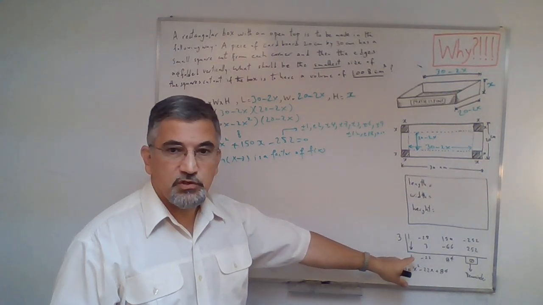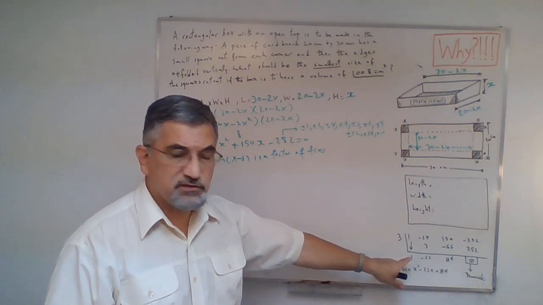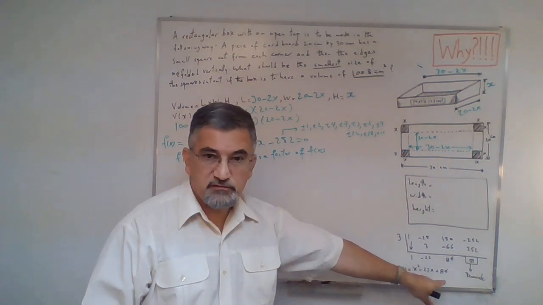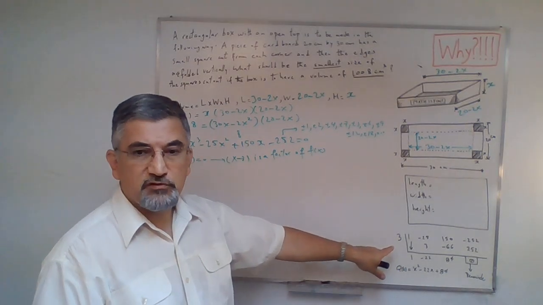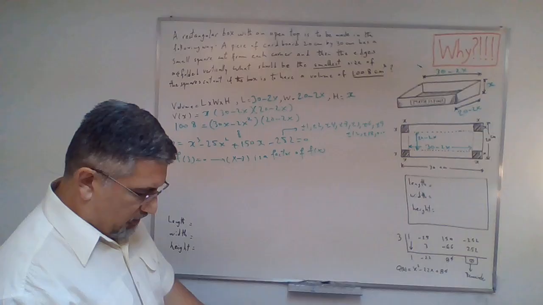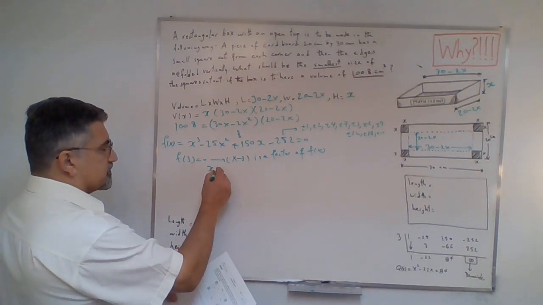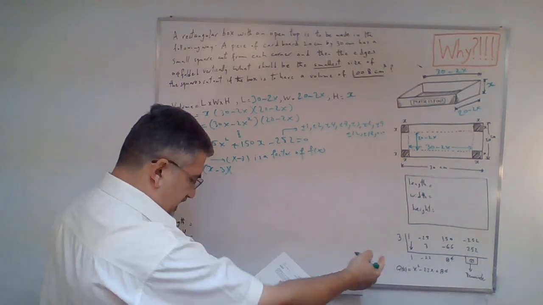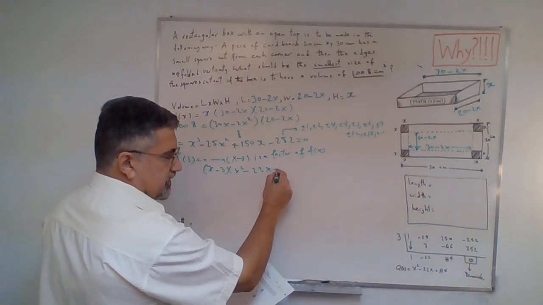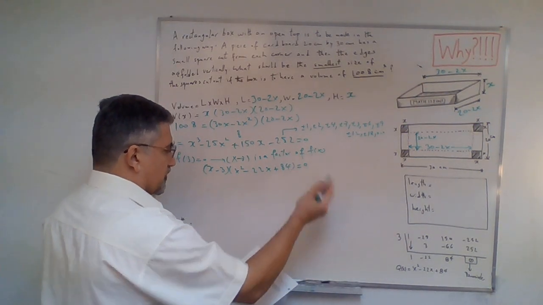I've already done the work here using synthetic division to save some time, and I got the quotient, x squared minus 22x plus 84. Those who are interested have to do the calculations by themselves, and they can check with this answer right here. So we will end up with x minus 3 times that quotient, x squared minus 22x plus 84 equals 0.